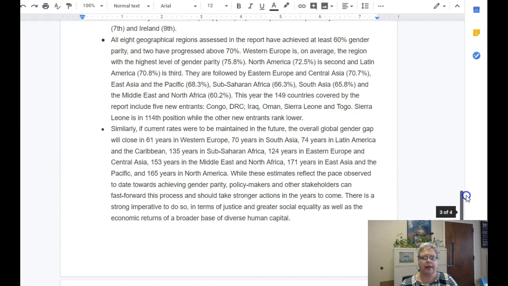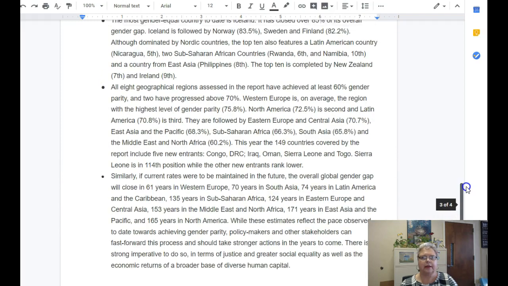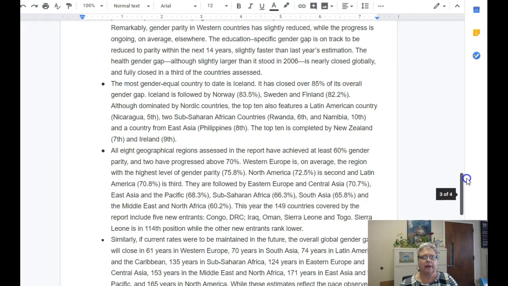You can read through that and see. Like, for instance, this right here. It says the most gender equal country today is Iceland. It has closed over 85% of its overall gender gap. Iceland is followed by Norway, Sweden, and Finland.